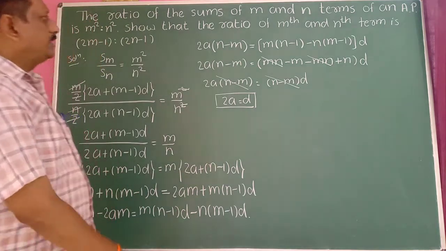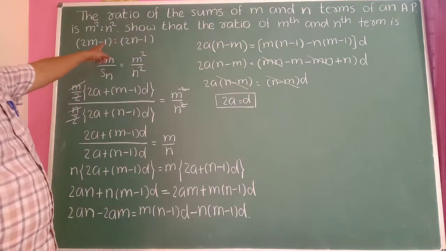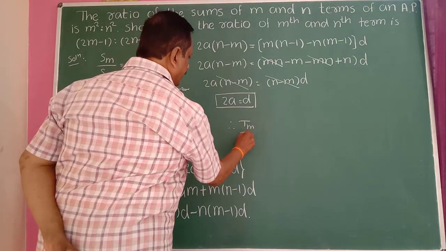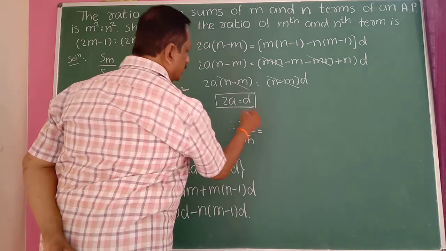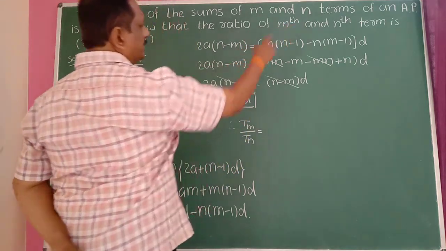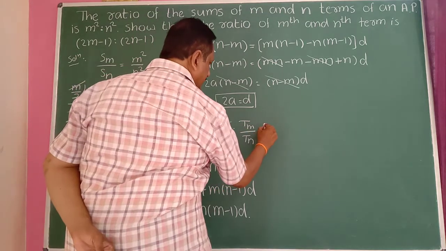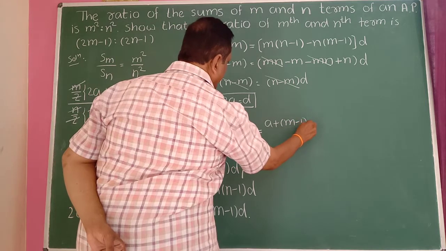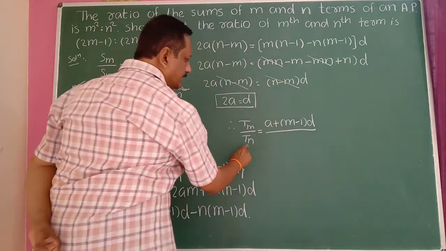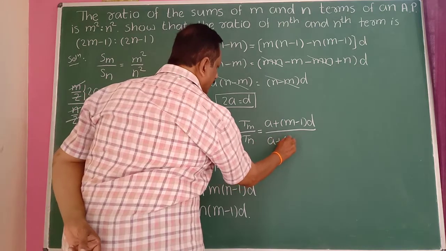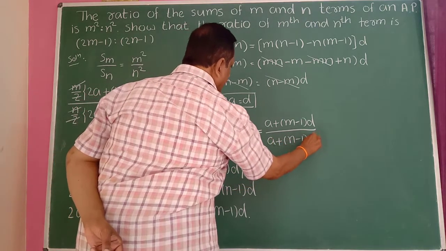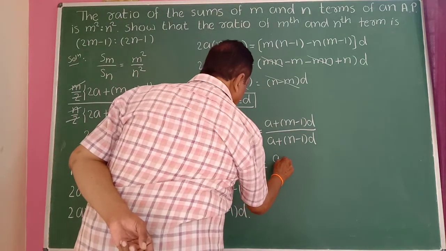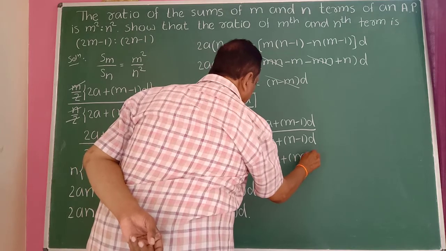Next, find the ratio of mth and nth terms. Therefore, Tm divided by Tn, the ratio of mth and nth terms, Tm upon Tn is equal to, Tm is given by a plus m minus 1 into d divided by Tn is a plus n minus 1 into d.